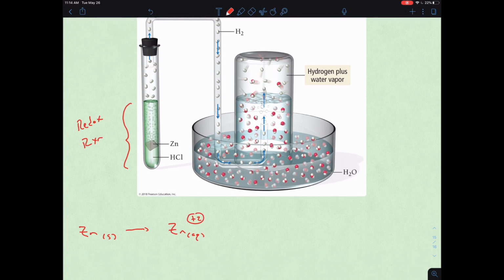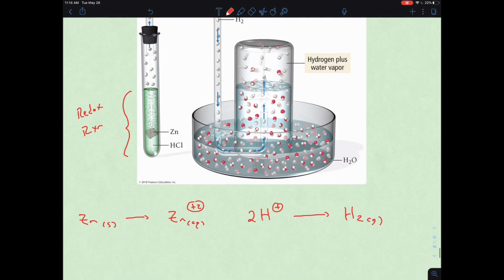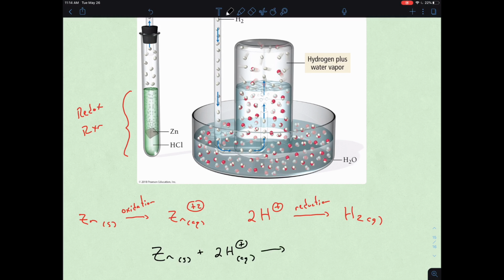And our hydrogens, really our protons from the HCl, are being reduced to hydrogen gas. So we have our reduction, let's get that correct. We have our oxidation with the zinc. We have our reduction with the hydrogen. And so overall, we'll be looking at a reaction that looks like this for our redox process.